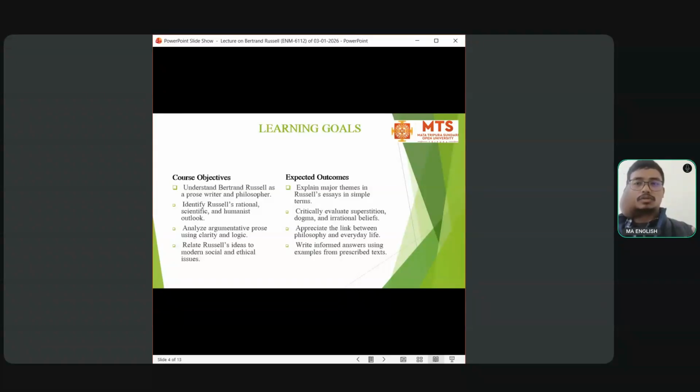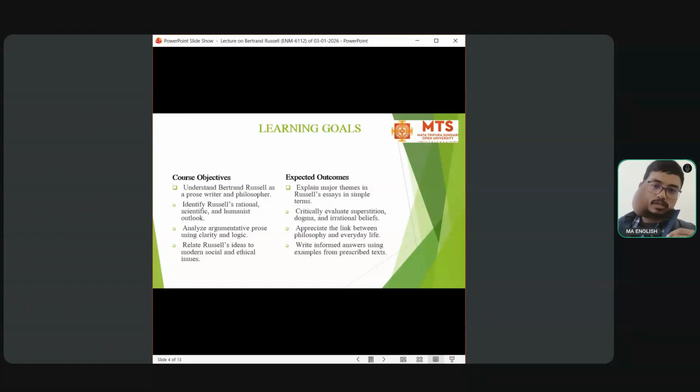You should be able to connect his ideas with present-day concerns. These objectives show that the block aims to develop critical thinking, clarity of expression, and also ethical awareness, not just factual knowledge.